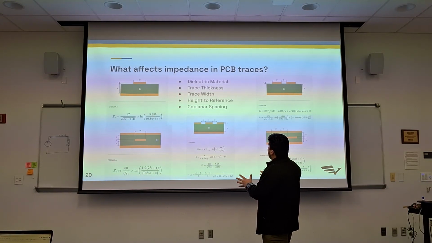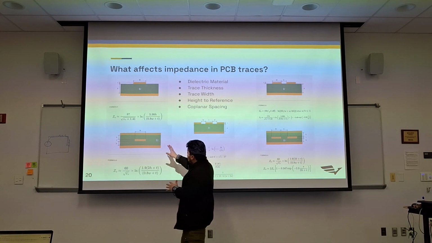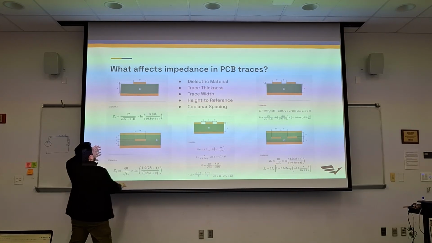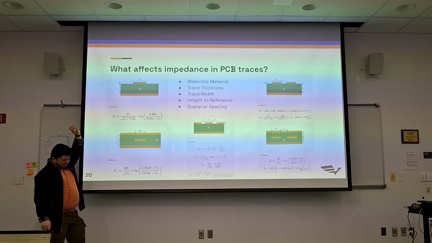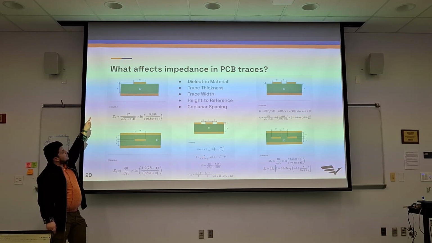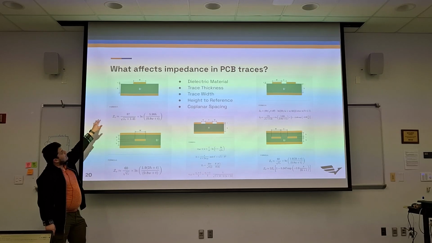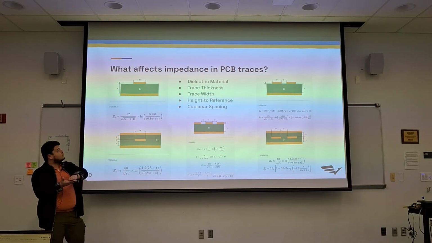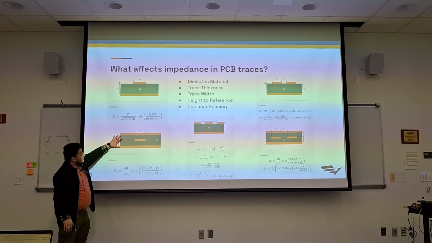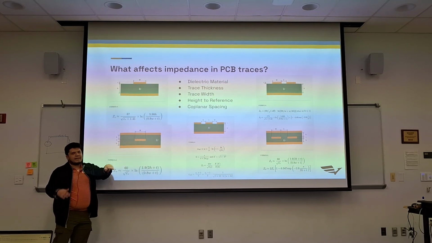For the most part, we're looking at single-ended traces, and we're going to be designing microstrip. So microstrip is when you have your reference layer and then just copper on the very top or bottom, or there's strip line, which is basically a trace inside of the board.